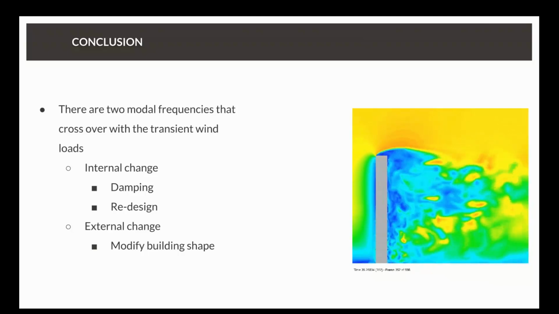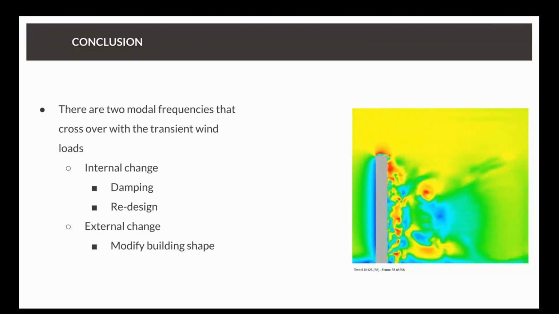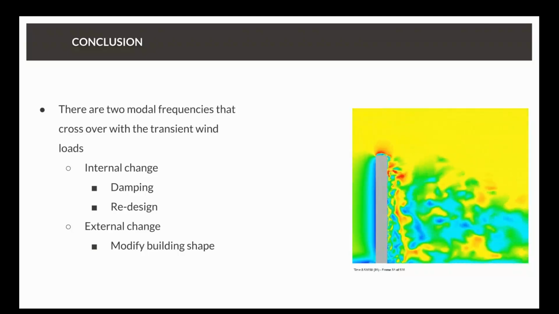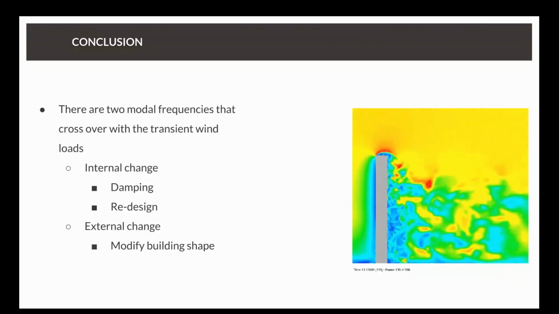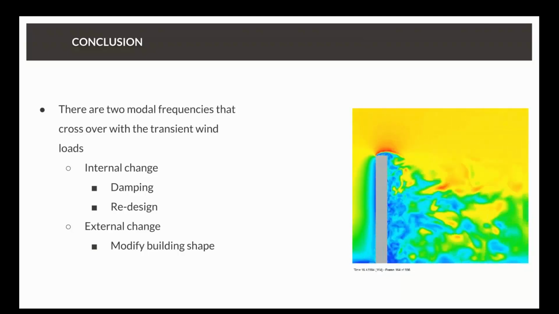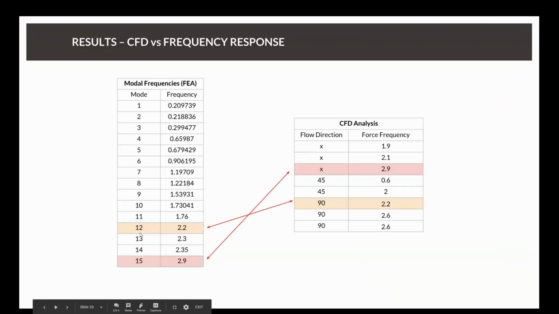And now we would need to make some design choices. We either need to make a change internally to the building, so we could somehow damp the building with a pendulum or some other kind of design, or essentially redesign it. We know that it's responding in the 12th and 15th modes.